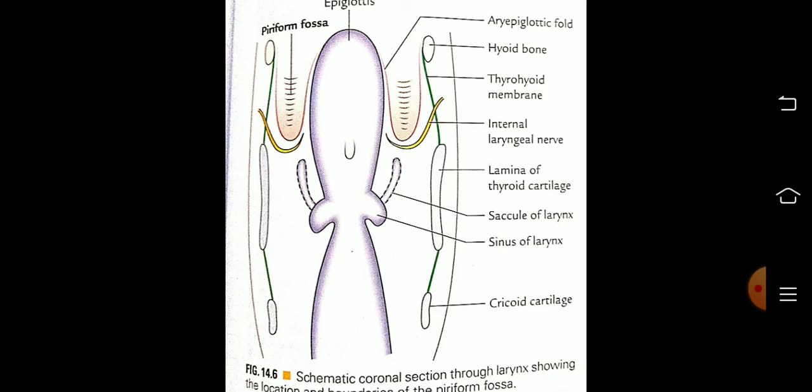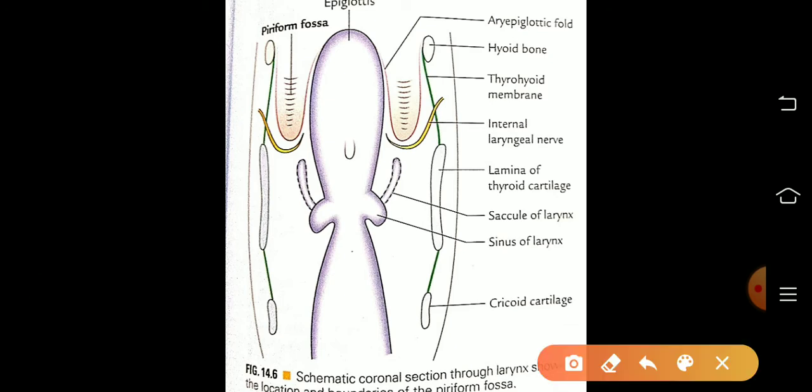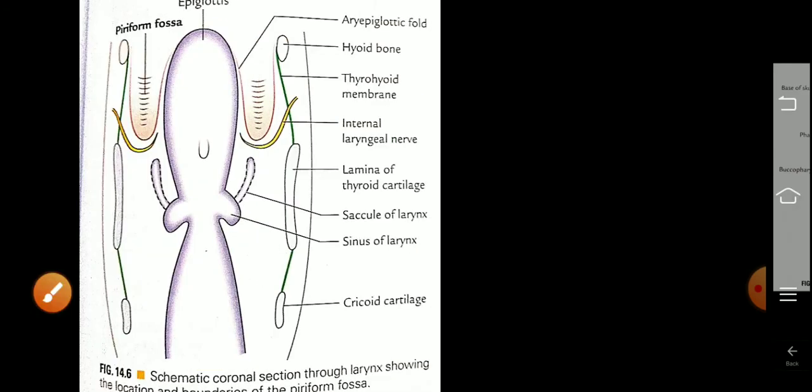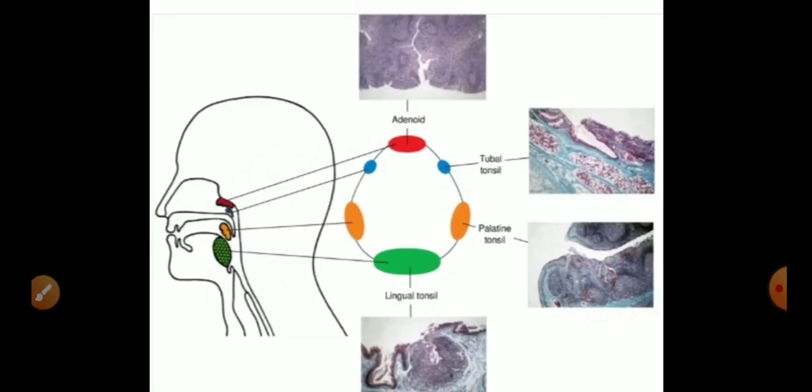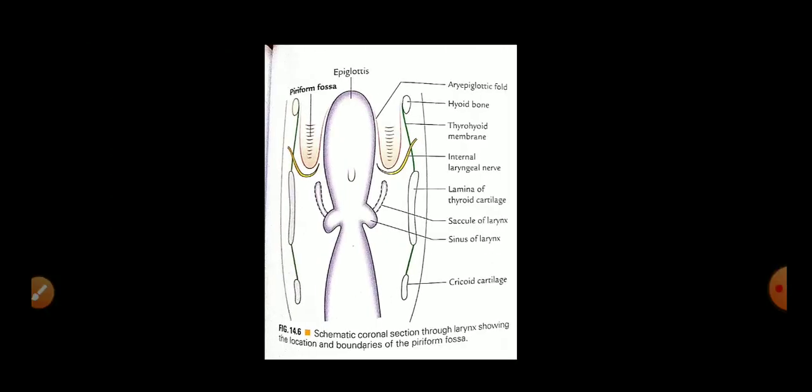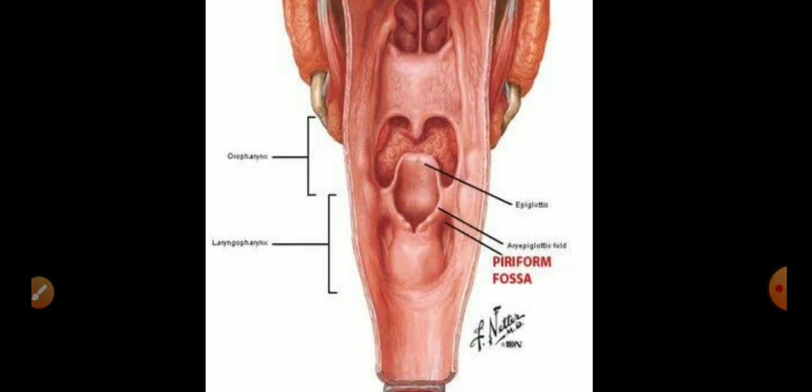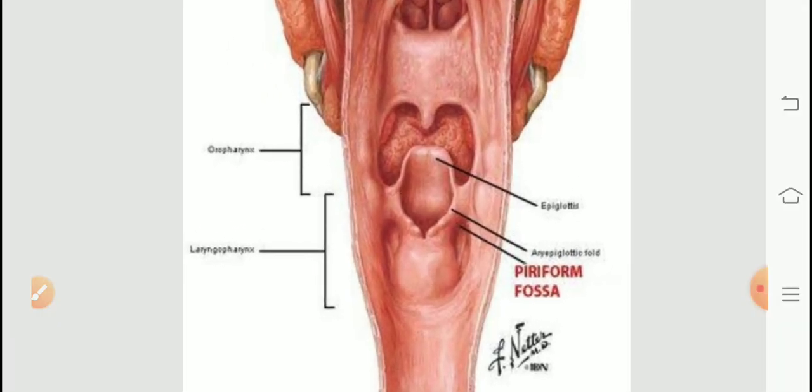Next is the above boundary. The piriform fossa is actually separated from the surface above by the epiglottic valleculae. The epiglottic valleculae is something which I have discussed before in my video. Here lies the epiglottic valleculae.